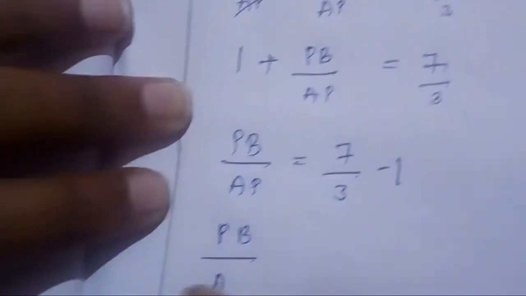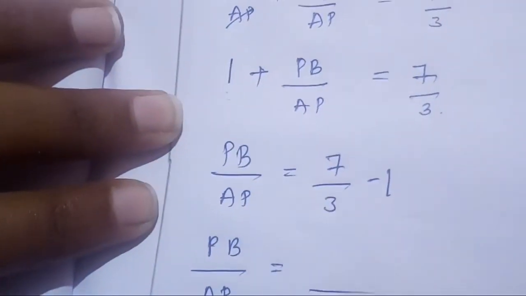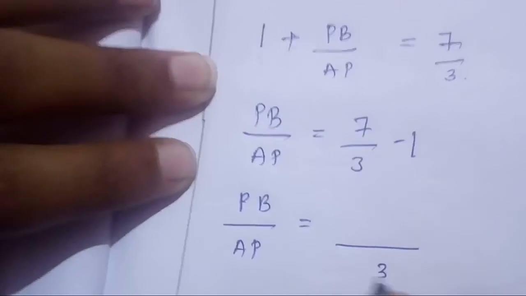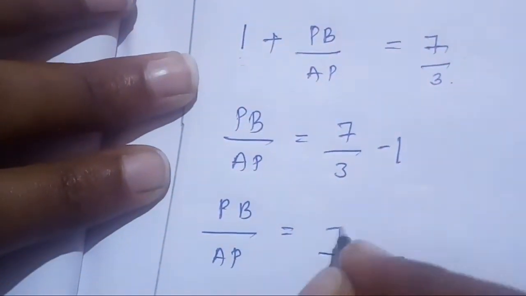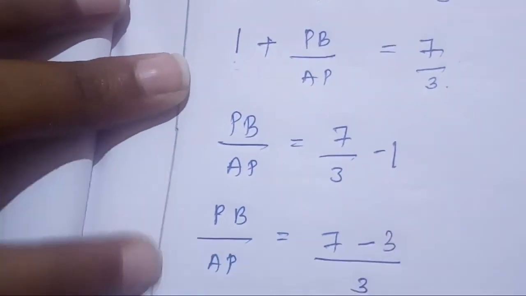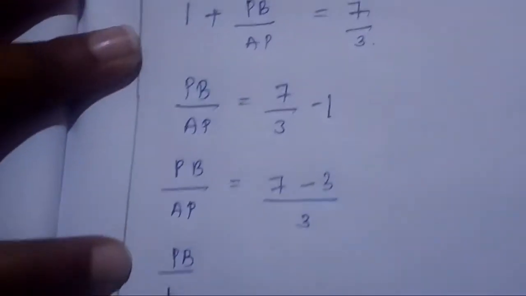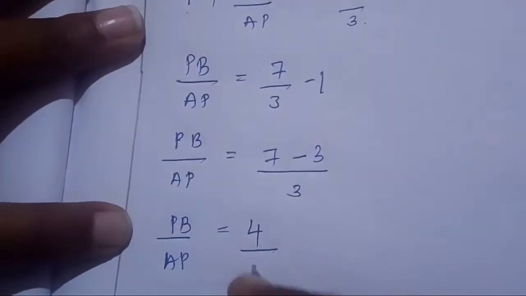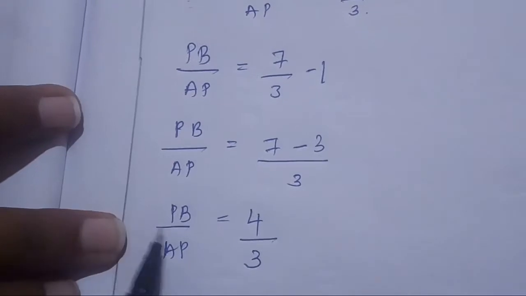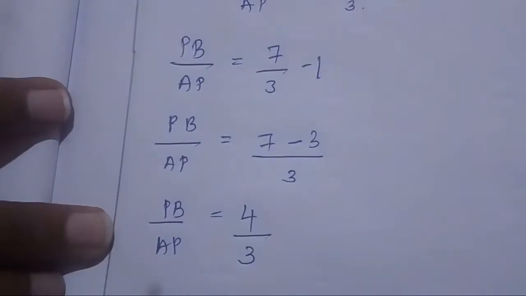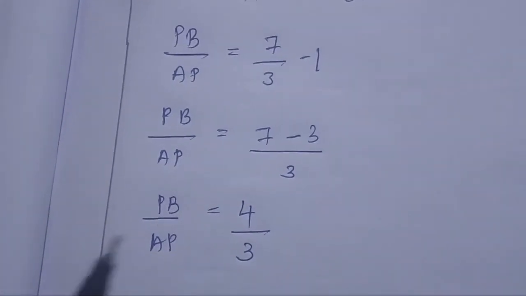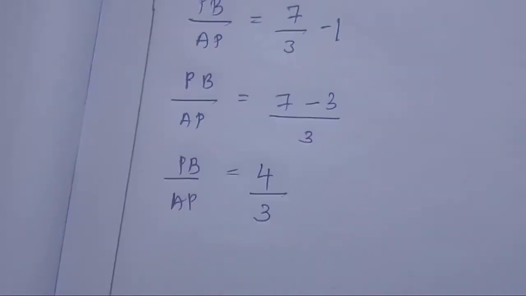PB by AP is equal to, take the LCM, we remain with 3, cross multiplication 7 minus 3, that is PB by AP is equal to 4/3. We got the value of PB by AP. Okay, now we can represent this ratio in a number line.